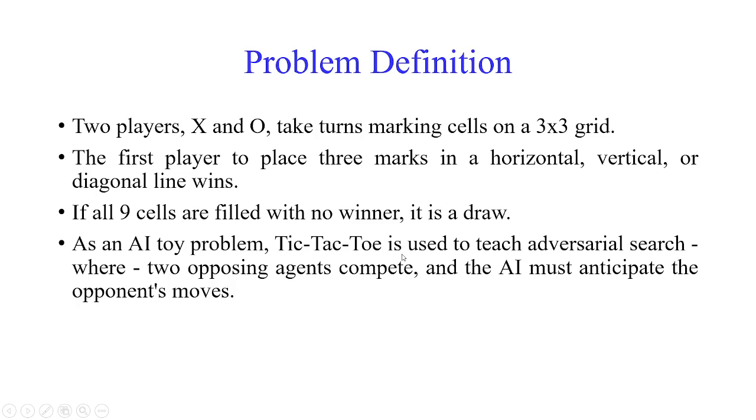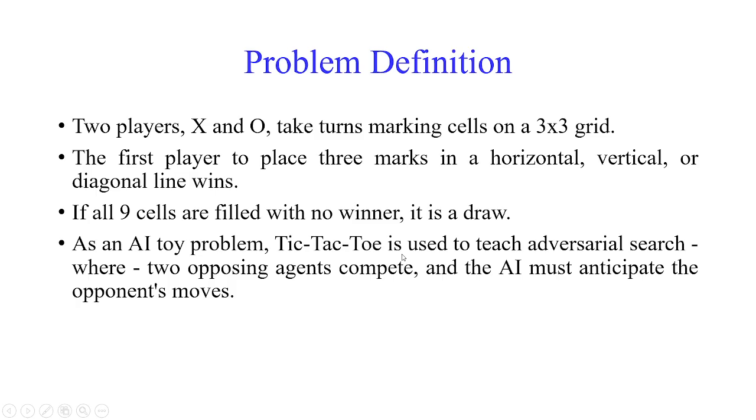This is a more interesting problem where different algorithms like alpha beta pruning and the minimax algorithm are applied. Before going in and discussing the problem in depth, we should understand the basics.